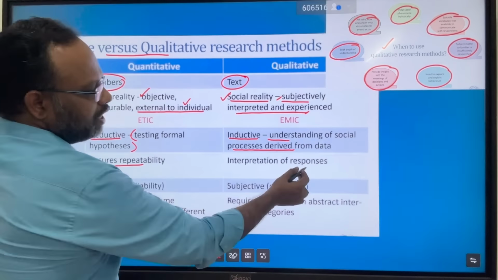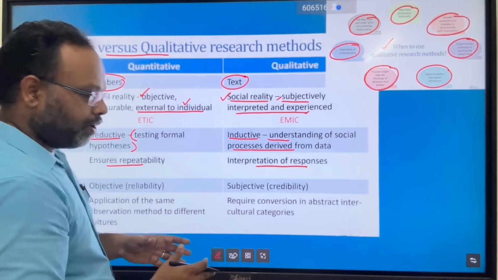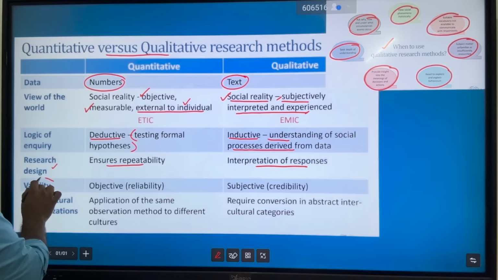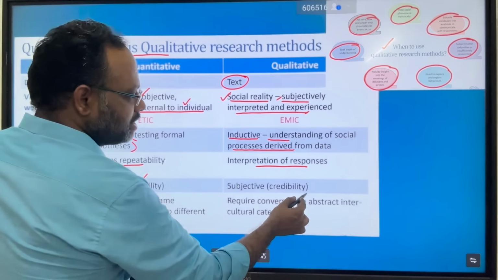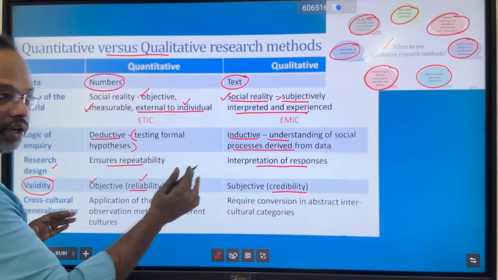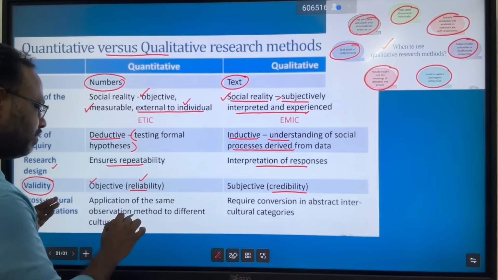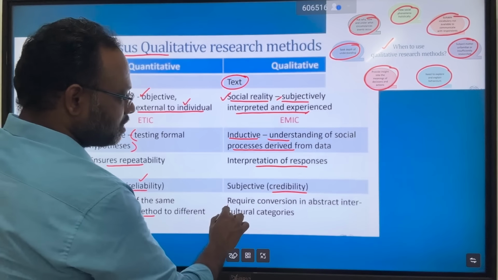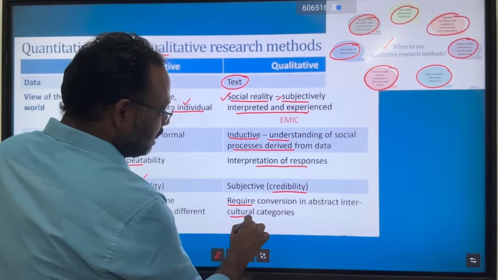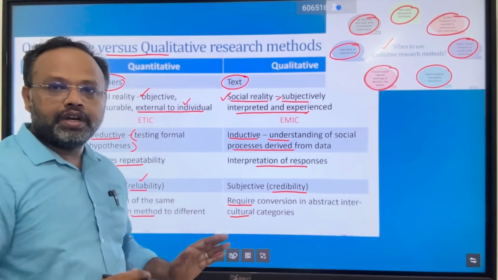But here it is the interpretation of the results by the participants which we are inquiring into. In the same way, validity, otherwise called the accuracy of the data, comes from the objective. Here it is called credibility instead of accuracy. And for cross-cultural generalization, quantitative research applies the same observation method to different cultures. Here in qualitative study, it requires conversation in abstract intercultural categories. So these are the basic differences between quantitative and qualitative research.